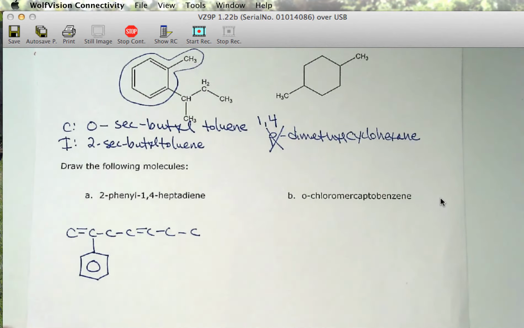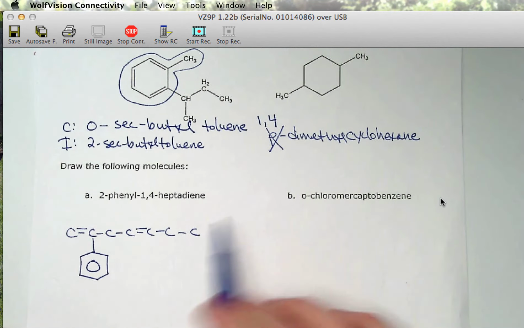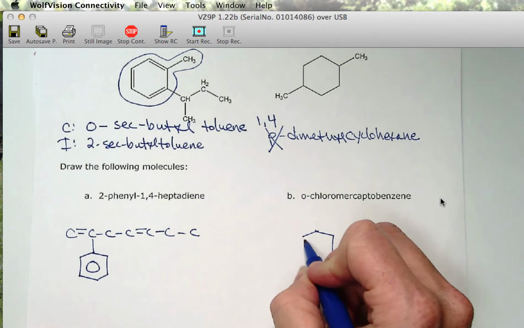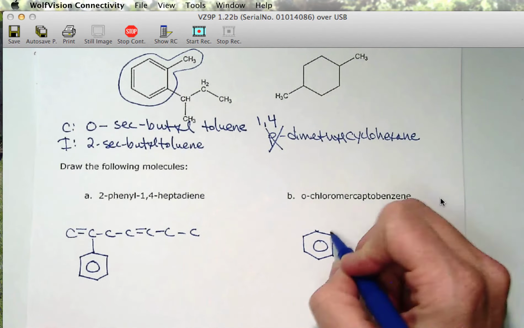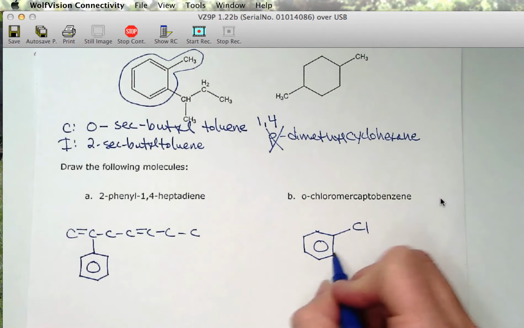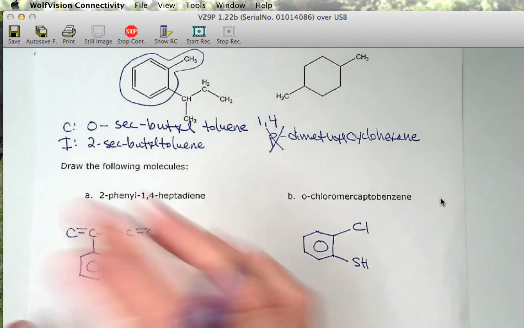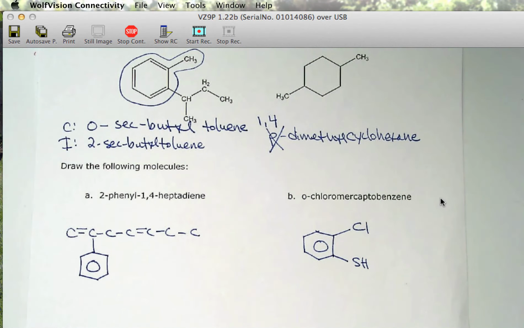And o-chloromercaptobenzene. Yours could be rotated anyway, just as long as the relationship between chloro, Cl, and SH was 1,2. So if you could imagine drawing a little O between there, then you have the right relationship.